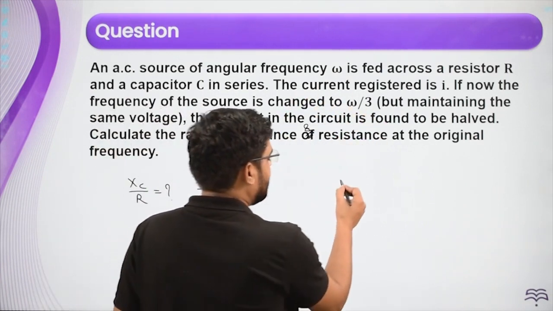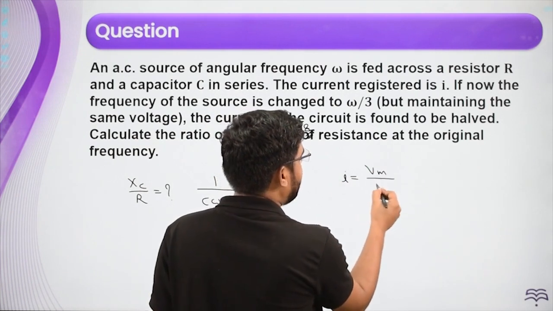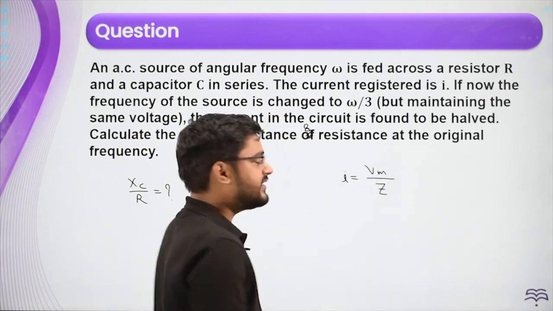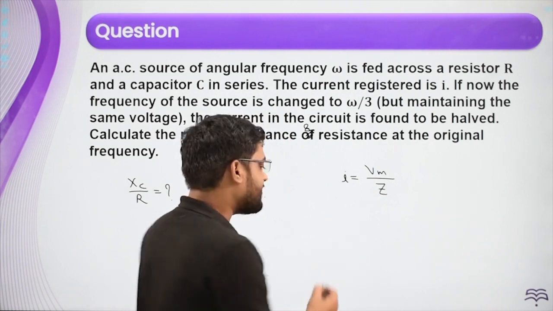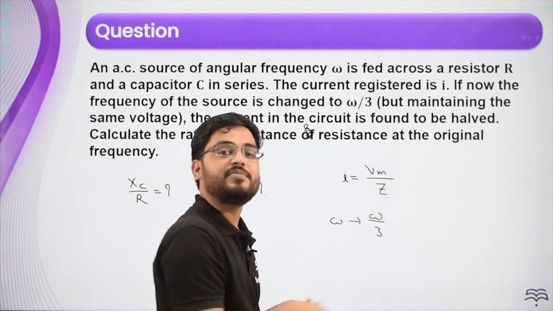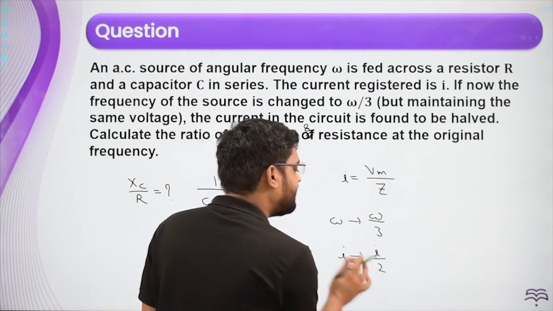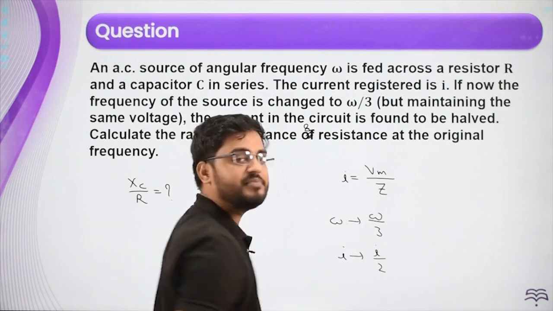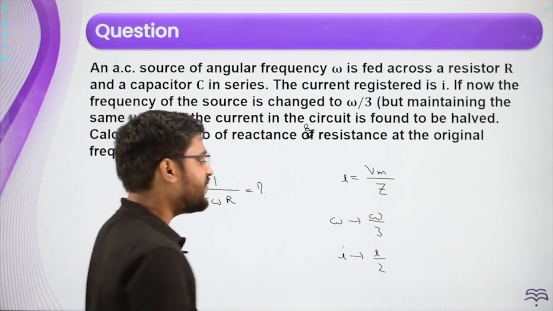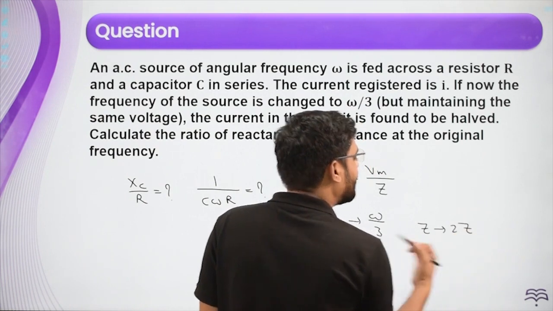We know that current is nothing but Vm by Z. So when omega is changed to omega by 3, the current becomes half. And if the current is becoming half, the Z must become 2 times. What was Z?